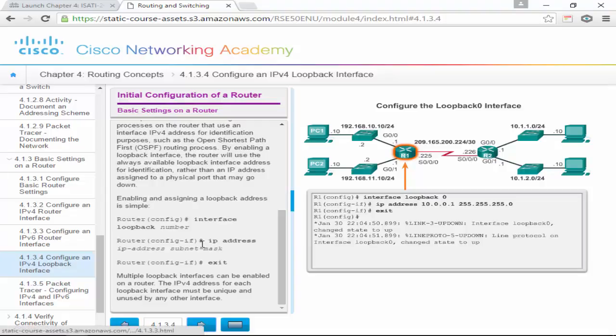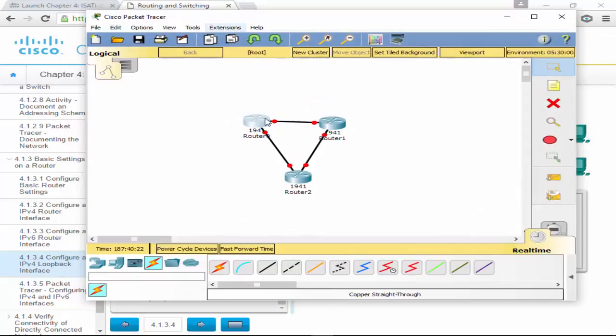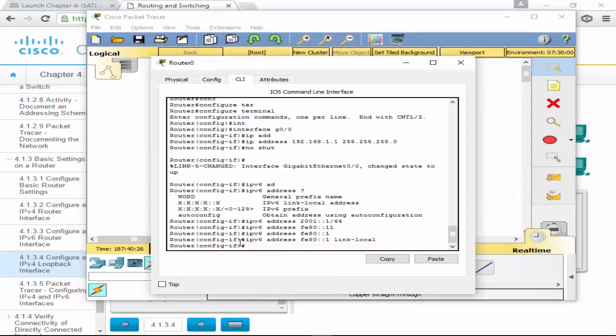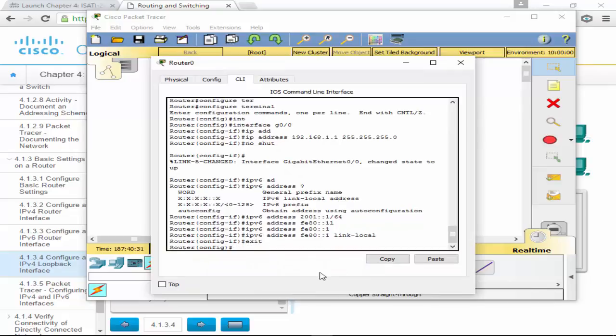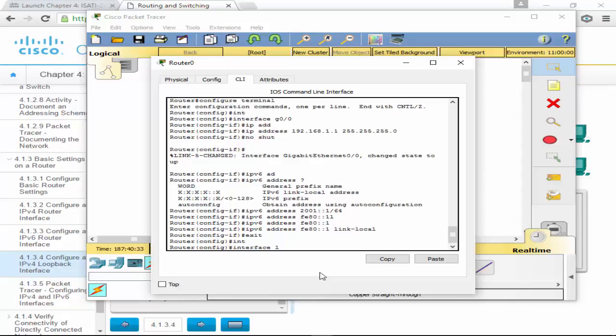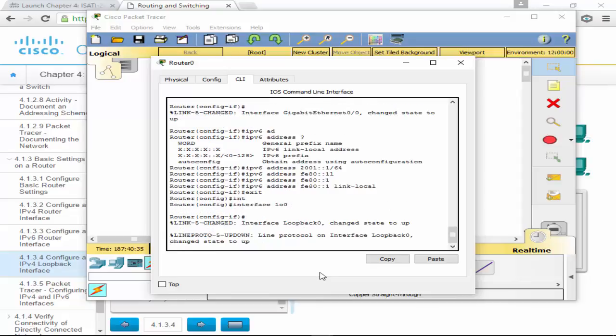Alright, so we can configure a loopback interface. This is new to us. A loopback is just a virtual interface that doesn't exist, kind of like an SVI, except more like a physical interface. What we would do is exit this router and say interface LO0 for loopback 0.